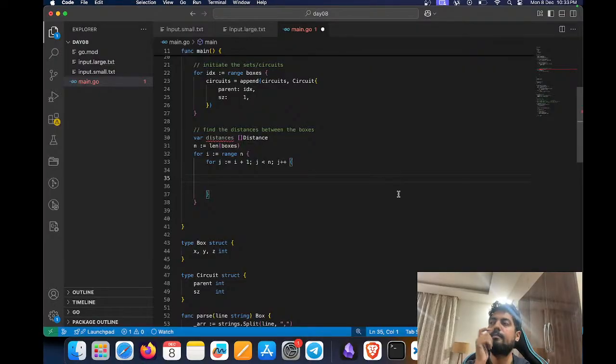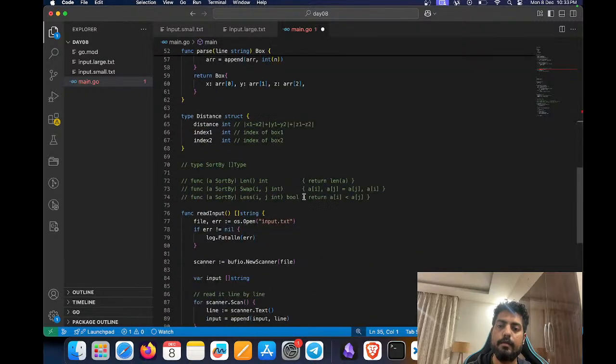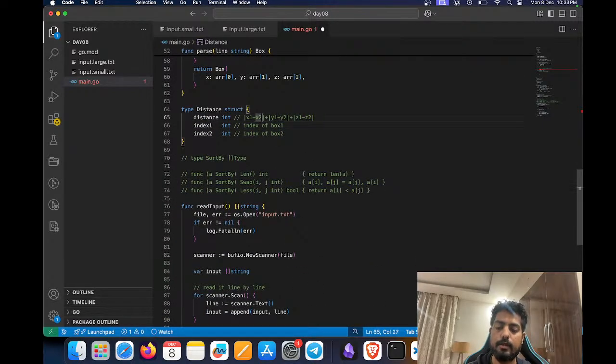What if the distances between the two boxes are the same? Oh, actually we will have to first of all do the square here. Actually this will be power 2. I'll explain why this can be a bug.